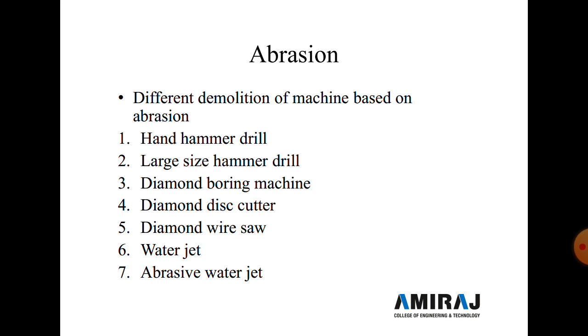And third one is the diamond boring machine, the diamond disc cutter. The diamond disc cutter is generally used to cut structural parts, and the diamond wire saw and water jet are generally used to cut stone, like a stone cutter.